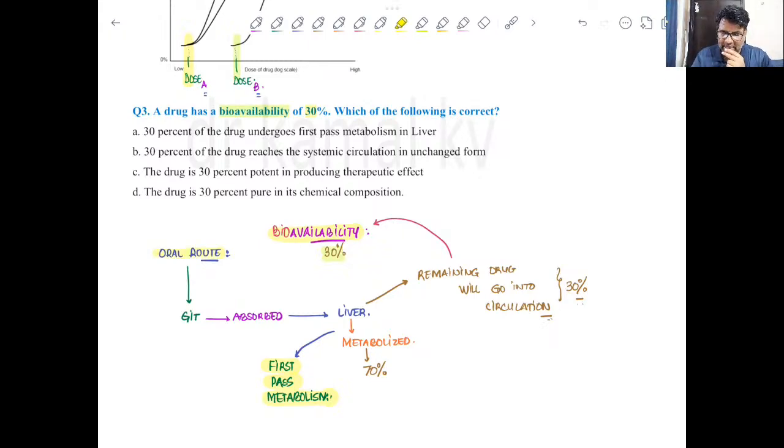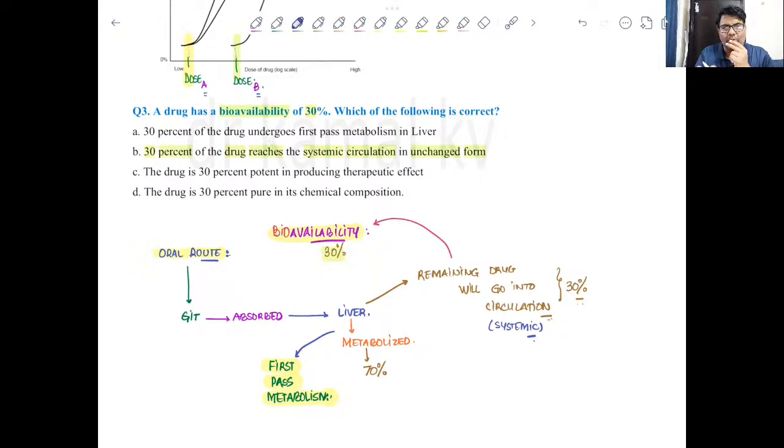So if we say that 30% of the drug is available to bring out the response, so 30% of the drug reaches the systemic circulation in unchanged form, right? So this is in systemic circulation. Clear? So this is the concept of first pass metabolism and bioavailability.